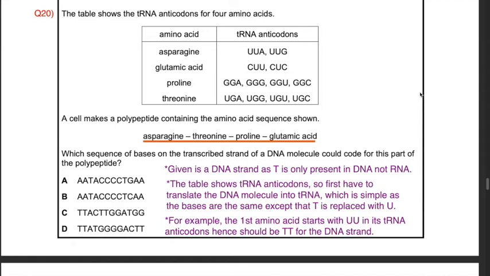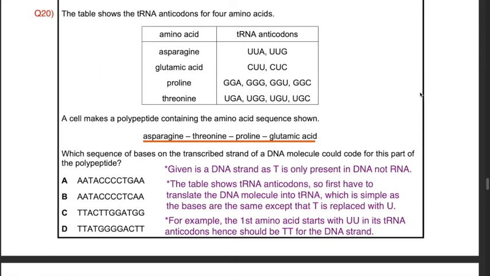So all A, B, C and D are DNA strands. The table shows tRNA anticodons. So first you have to translate the DNA molecule given over here into tRNA, which is simple because the bases are the same in both DNA and tRNA, except that T is replaced with U, because T is not present in RNA at all, whereas in RNA it is replaced by U.